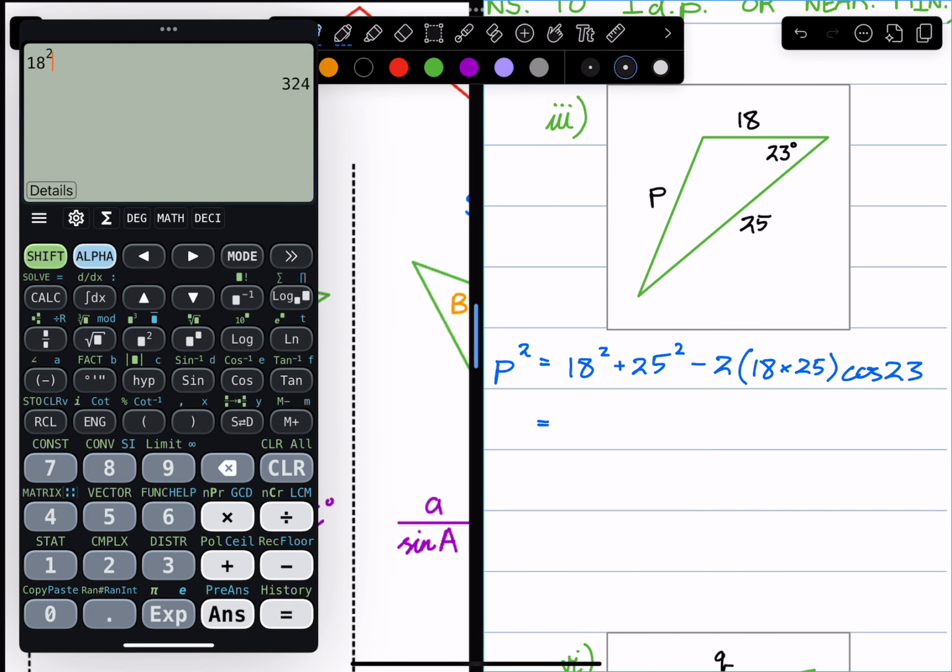18 squared plus 25 squared minus 2 times 18 times 25 times cos 23. That gets us 120.545 and so on. But remember, that is just p squared.